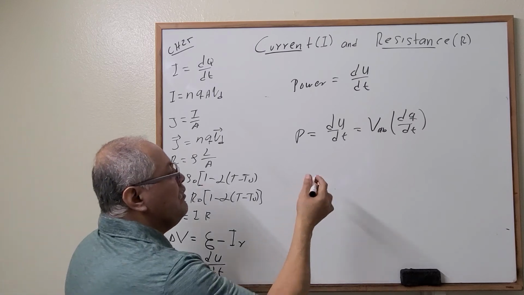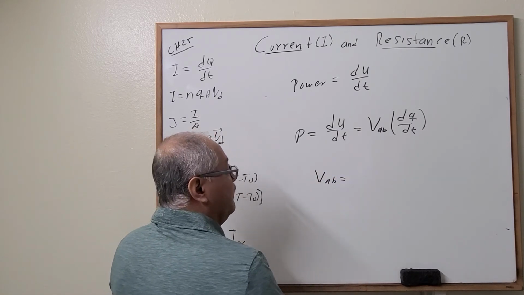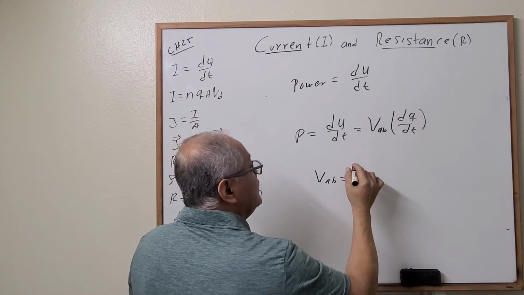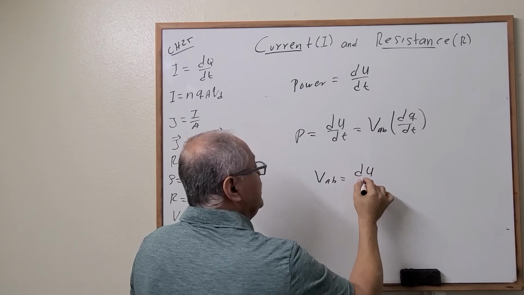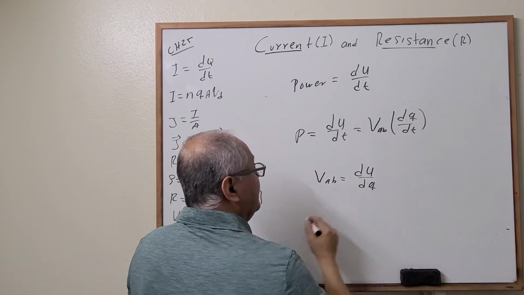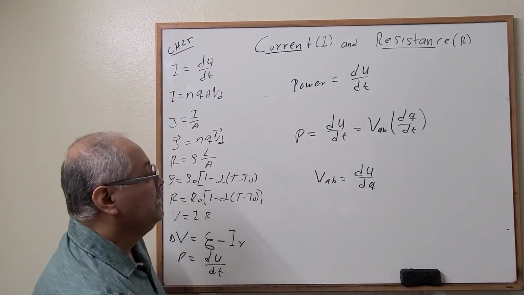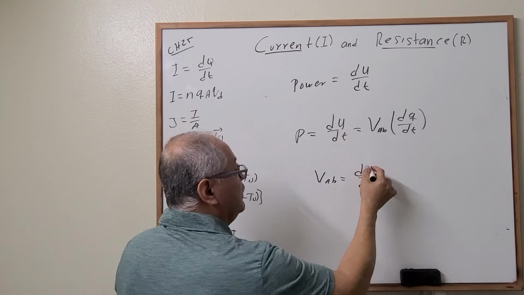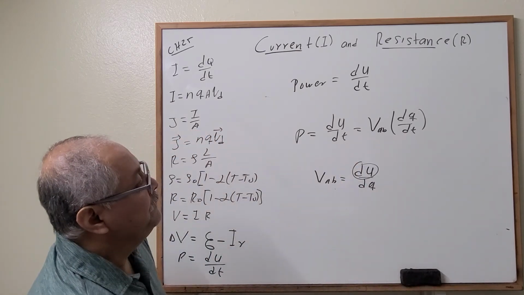Okay, because remember, how do we define this voltage? It equals the change in potential energy divided by this test charge. And when we solve for this quantity, we create this condition right here.